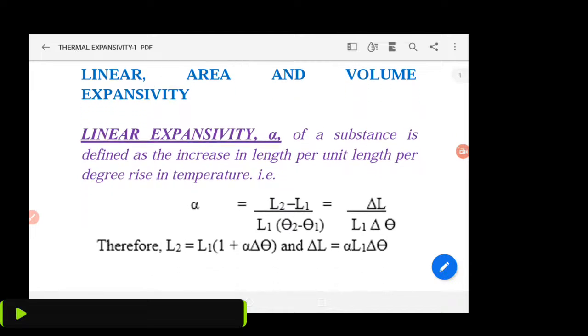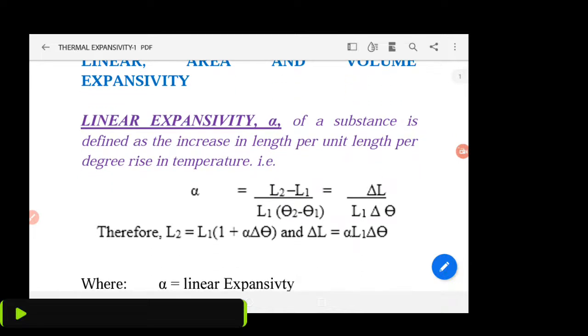And the linear expansivity of a substance is defined as the increase in length per unit length per degree rise in temperature of that substance or of that object. And linear expansivity is common to objects like a rod or a bar.